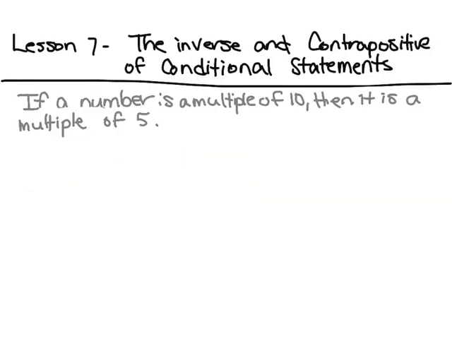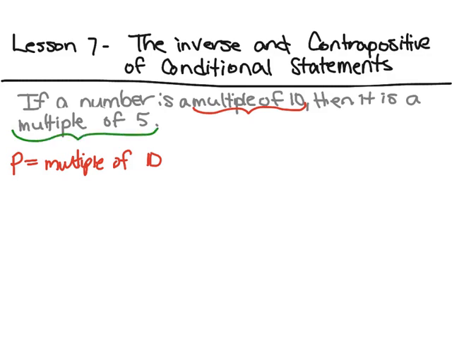So example 2, if a number is a multiple of 10, then it is a multiple of 5. So determine the conditional statement and the contrapositive statement and determine if it's true. So this is our P, if it's a multiple of 10. Our Q is if it's a multiple of 5. So we want to find if that is true.